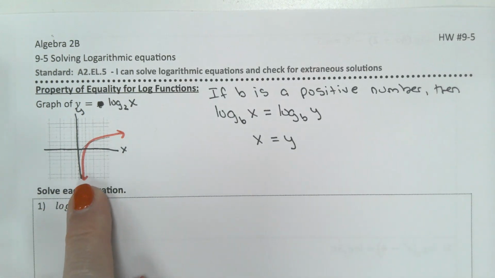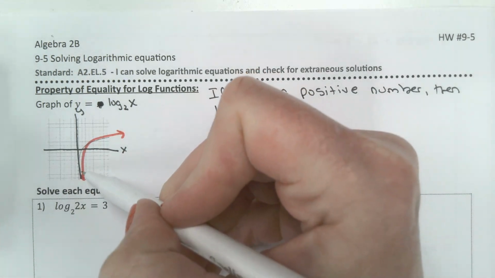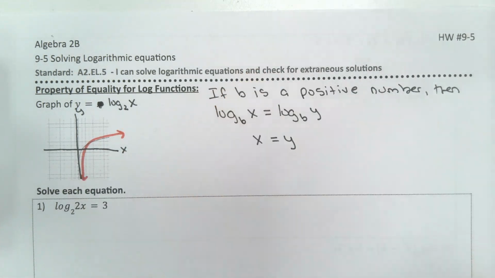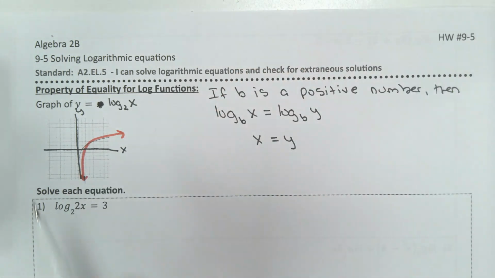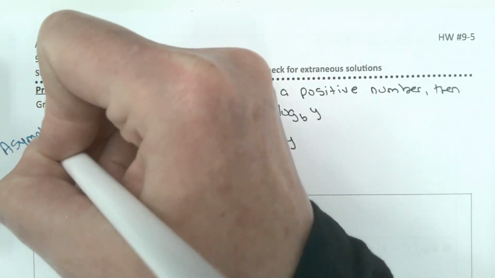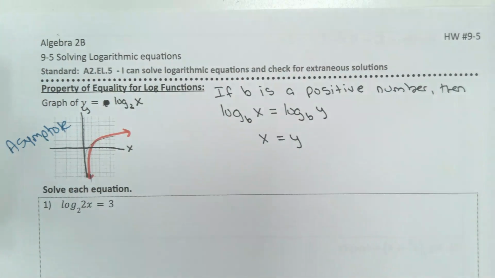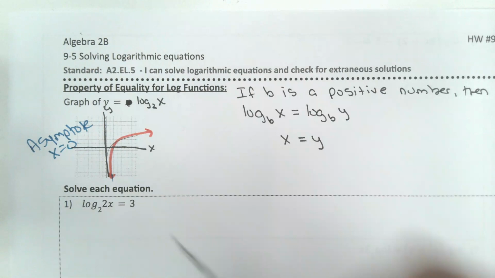So down here, when we did other graphs, when your graph kind of makes a turn and starts basically running parallel to something, this is an asymptote. And there is an asymptote here at x equals 0.